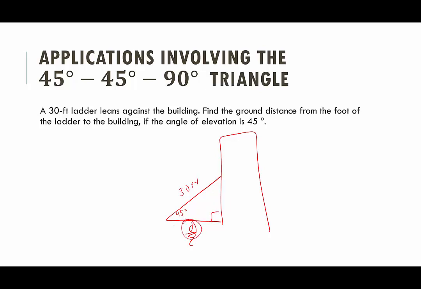So if we're going to figure out the distance between the edge of the ladder and the building that it's leaning against, well, we know that each leg is x, so this is x, and this is x radical 2, the hypotenuse. So what we know is that 30 is equal to x radical 2. We can divide both sides by radical 2. Then we're going to have to rationalize.